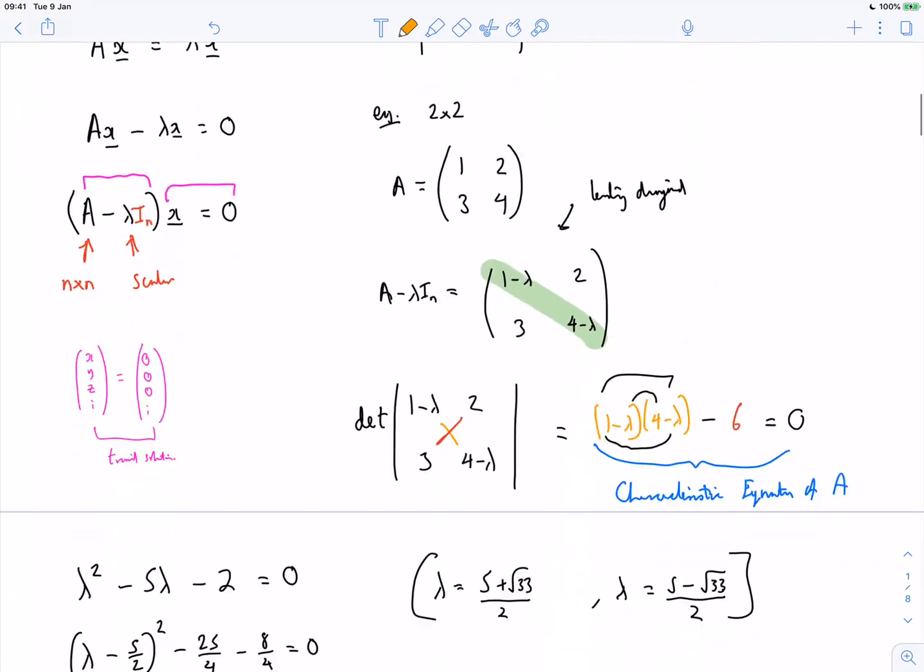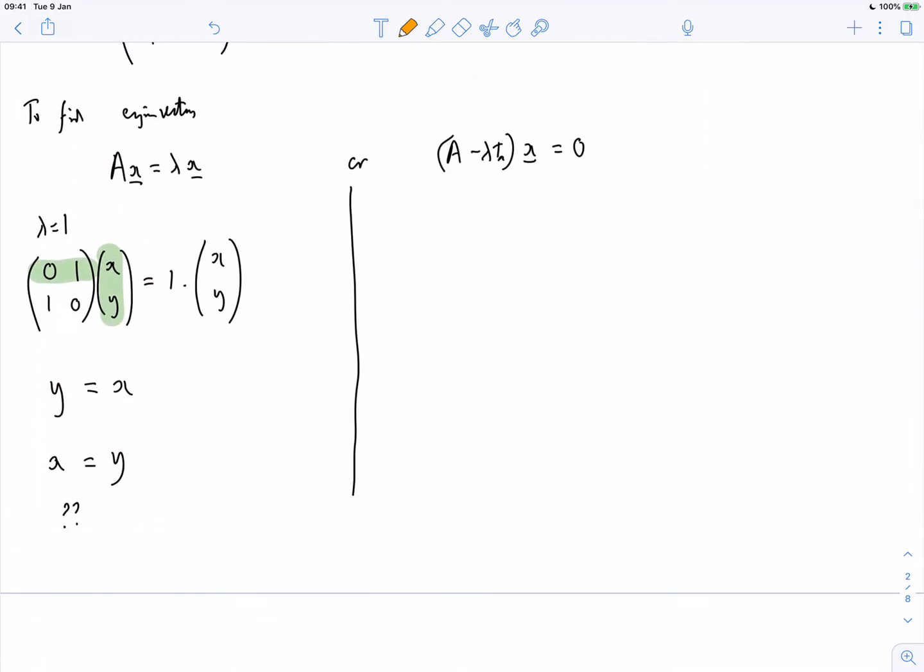So what this is actually saying is that as long as x equals y and y equals x, it doesn't matter what the vector is. So I'm just going to pick a really easy one, 1, 1. X is 1, y is 1, y equals x. So for when lambda equals 1, a corresponding eigenvector, let's call it x, is just going to be 1, 1. Easy peasy. Lemon squeezy.